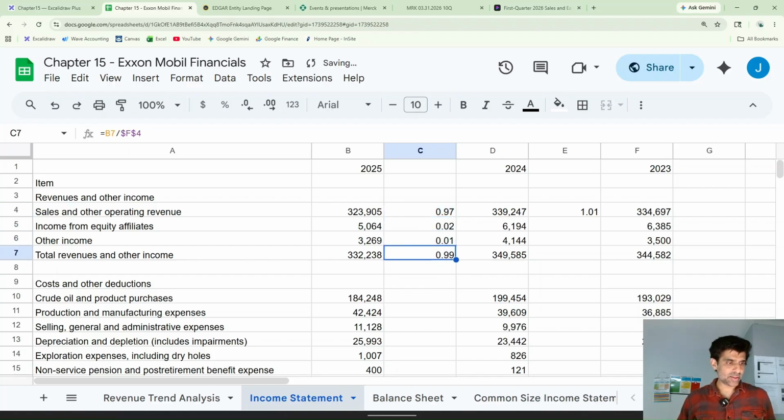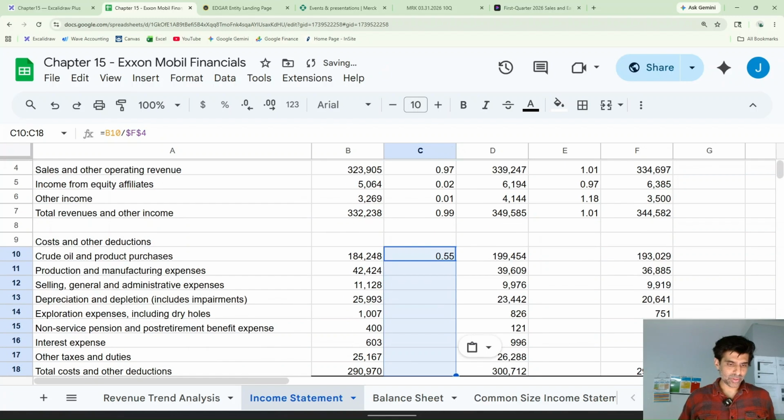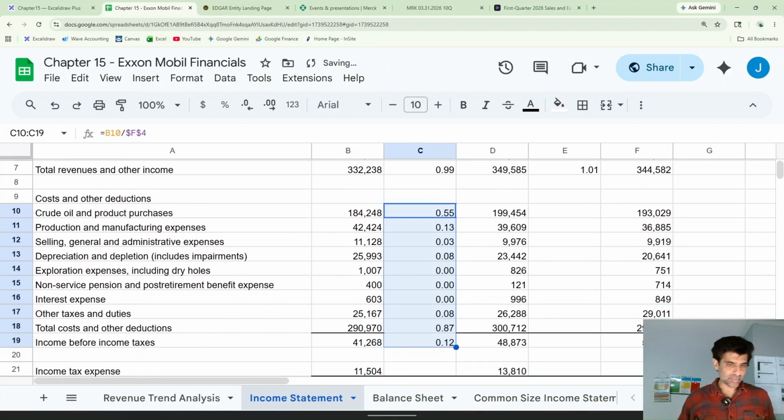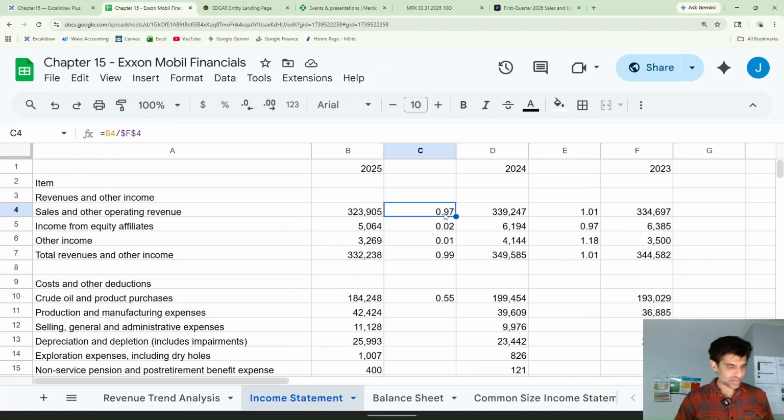You can see that total revenues is almost the same as the base year. In this case, it's a little above. And you could again do this type of analysis for every single account here and get some information. Oh, sorry, what I would need to do here is change this.